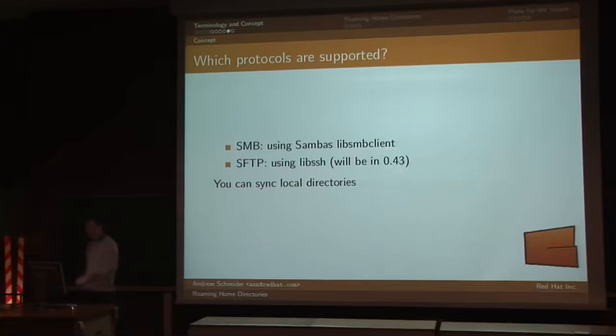This is currently supported in version 0.43, which is already out. I will release the next version next week, which has been updated to use a new version of libssh, and you can use this file synchronizer to synchronize local directories too.